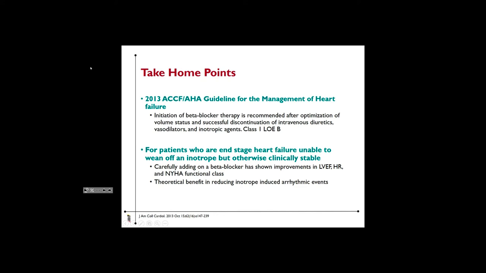There is potentially some theoretic benefit in reducing inotrope-induced arrhythmic events. Again, though, there's a lot of pre and post observation that needs to be done before initiating this beta blocker.